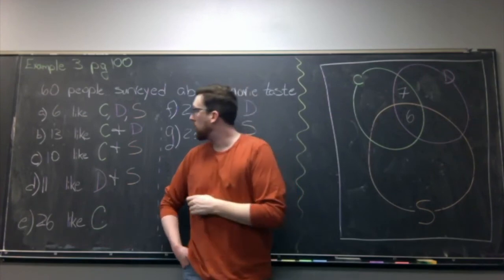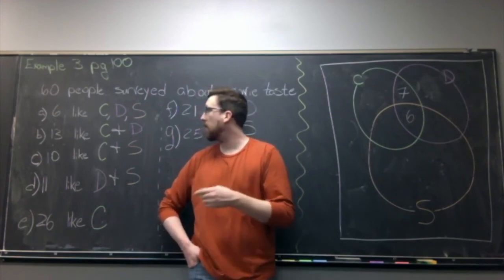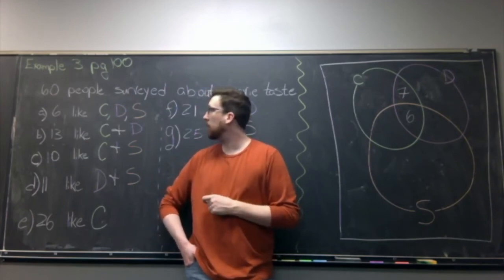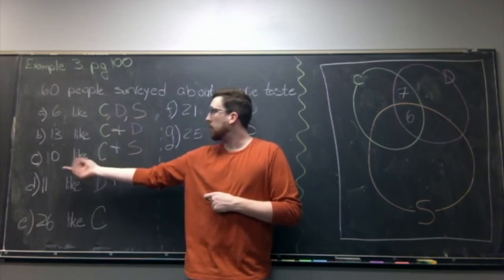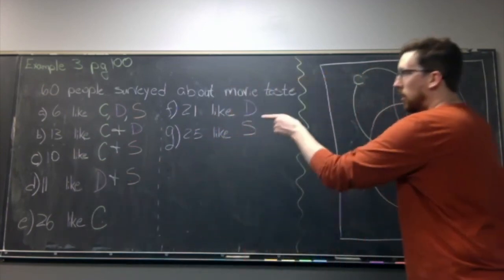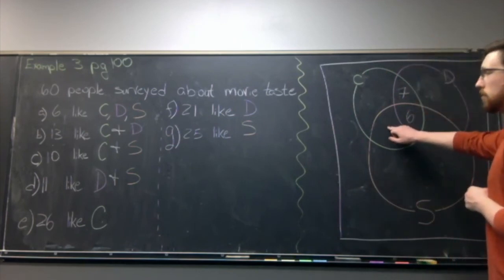From there, we've got 10 who like comedy and science fiction, and we need to figure out how many like just comedy and science fiction. So we have to remove those who also like drama. So 6 subtracted from 10 is going to be 4. And that goes, we said comedy science fiction, in this bubble right here.